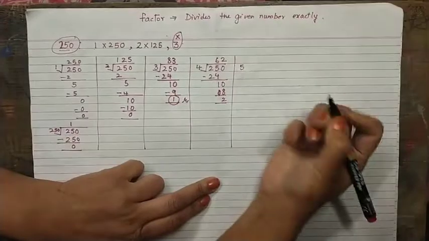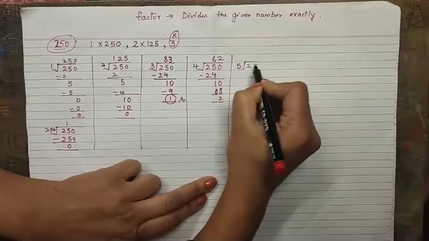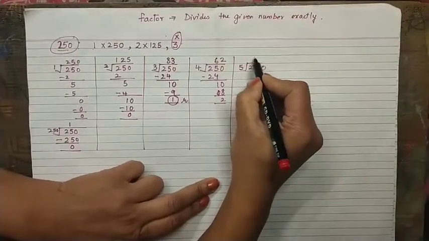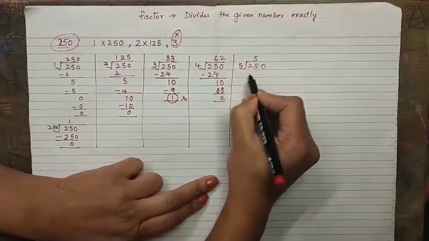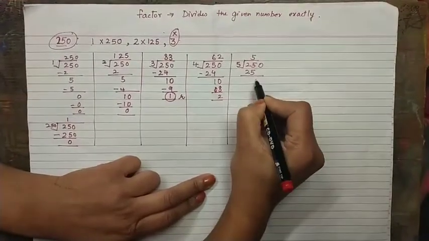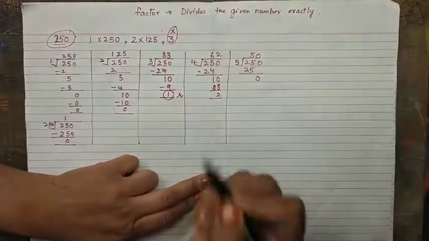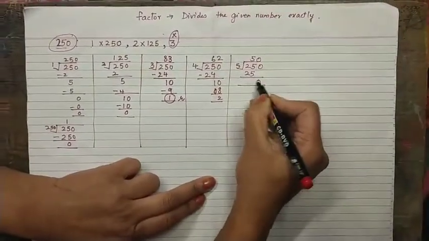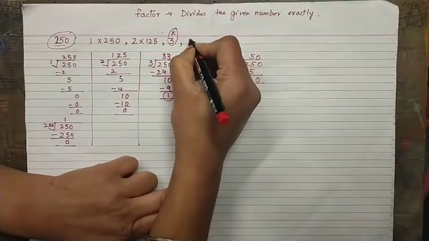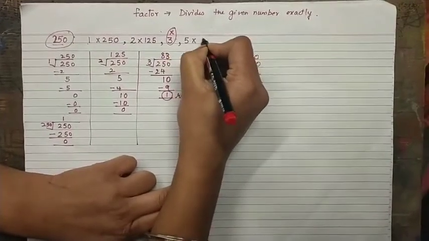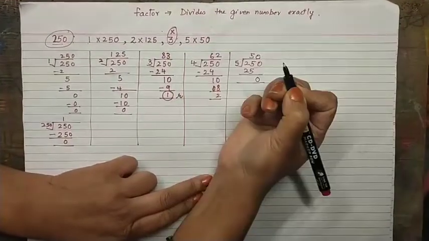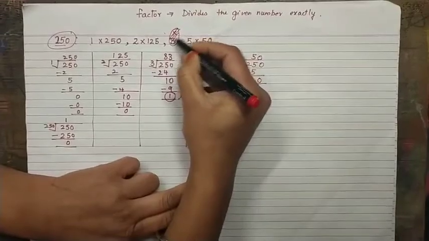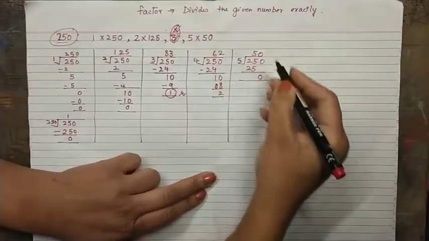Let us check with number 5. 5 5s are 25. 0 0 again हमें क्या मिल जाएगा, 0 as remainder. Now 5 is a factor of the number. So 50 is also a factor. So we'll cross this. 3 is not the factor.